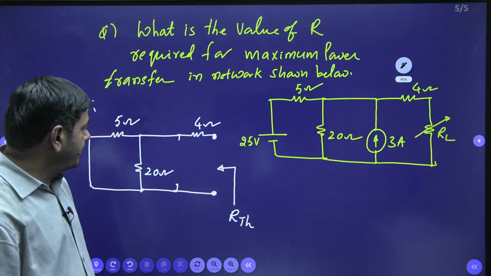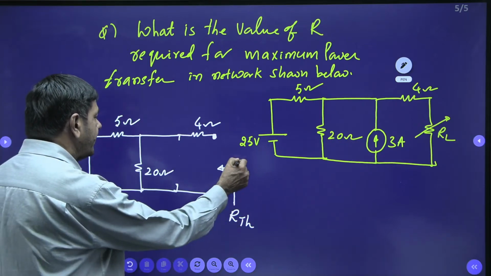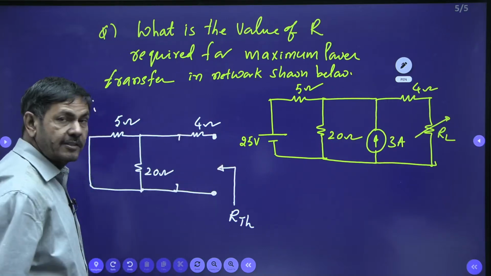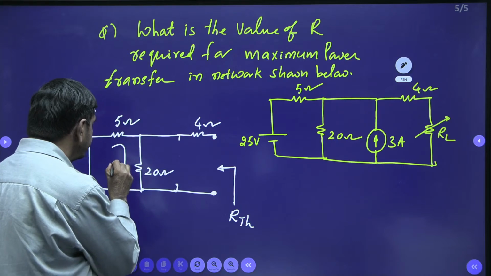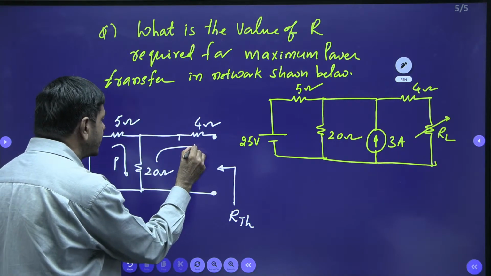By means of simplification, we can get RTH directly. When you want to find the RTH in this direction, you reduce the network in the opposite direction. These two are in parallel. The final value will be in series with the 4 ohm resistance only.